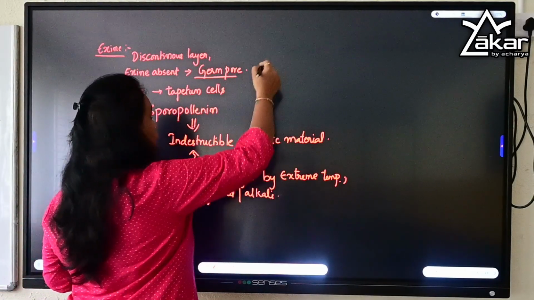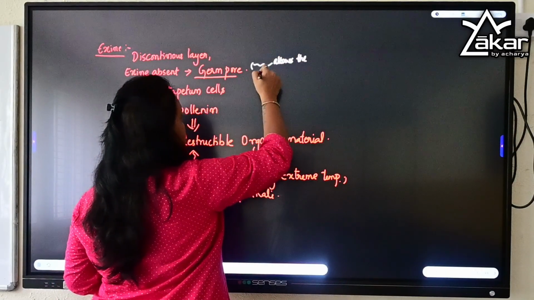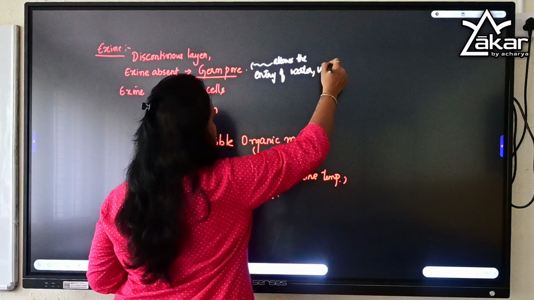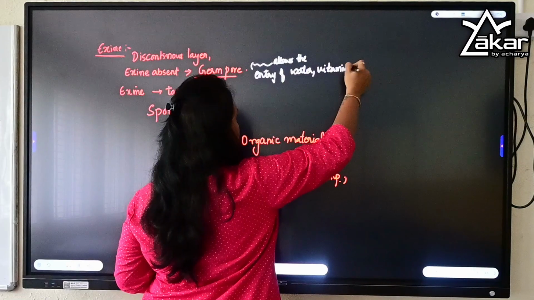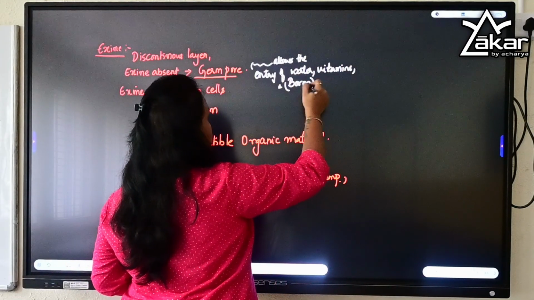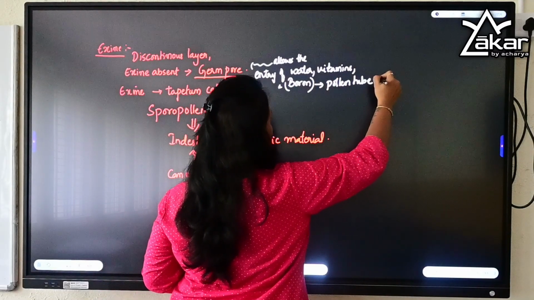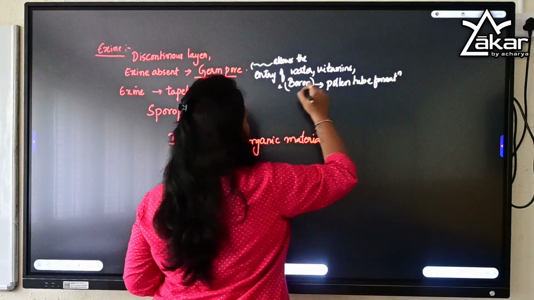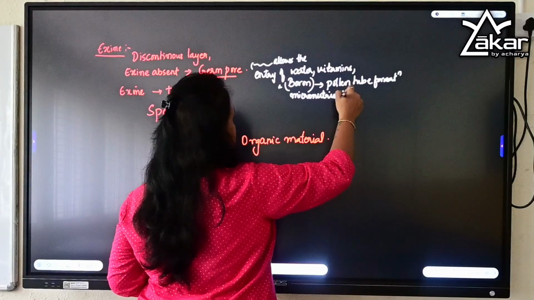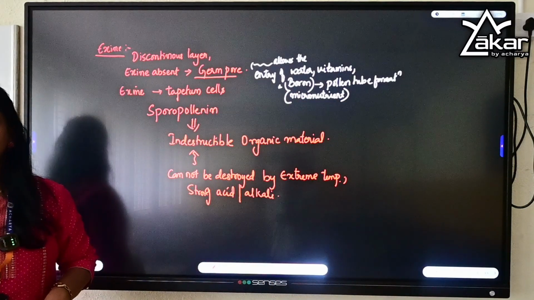The germ pore allows the entry of water, vitamins and boron, which is very important for pollen tube formation. Boron is a micronutrient required for plants, so that can enter and then only we can see the pollen tube formation. Fine.